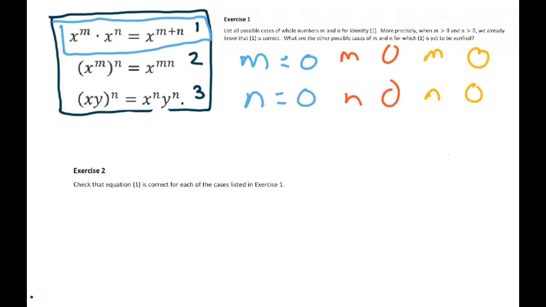We could have m is greater than 0, n is equal to 0. That would be something like x to the 3rd power times x to the 0 power equals x to the 3rd power.